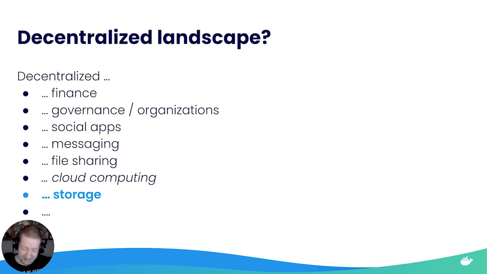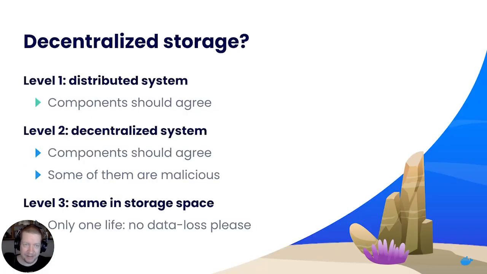There are interesting projects in cloud computing as well, like Akash, but we will start with storage because it's already a very big space for projects. Okay, so let's talk about storage.